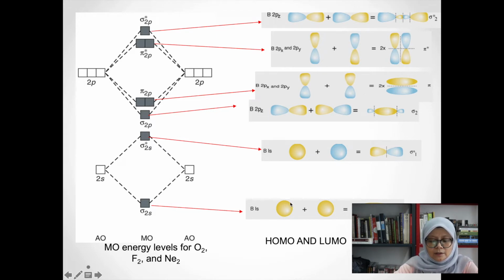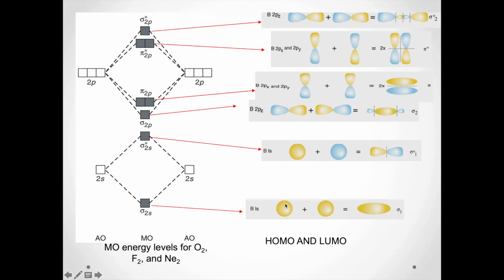The first thing for this diagram that you need to be able to draw is the orbitals or the diagram for this one, what happened in the bonding and what happened in the anti-bonding. As you can see, sigma and also pi.